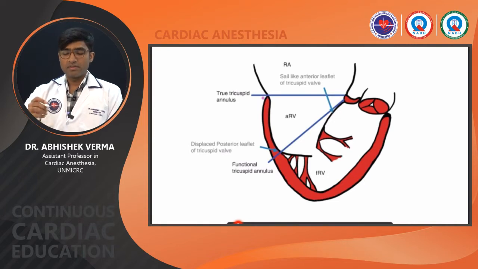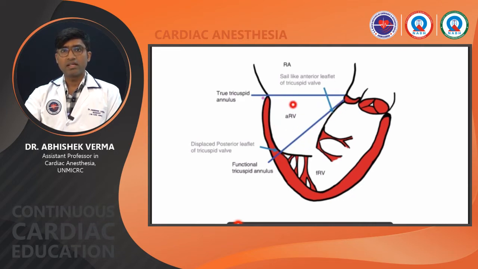In this diagram we see the downward displacement of the functional annulus. Here normally the annulus is here, called the true annulus. This leaflet remains attached to the myocardium, and there is a failure of delamination. From here this leaflet remains, and it acts as a functional annulus.